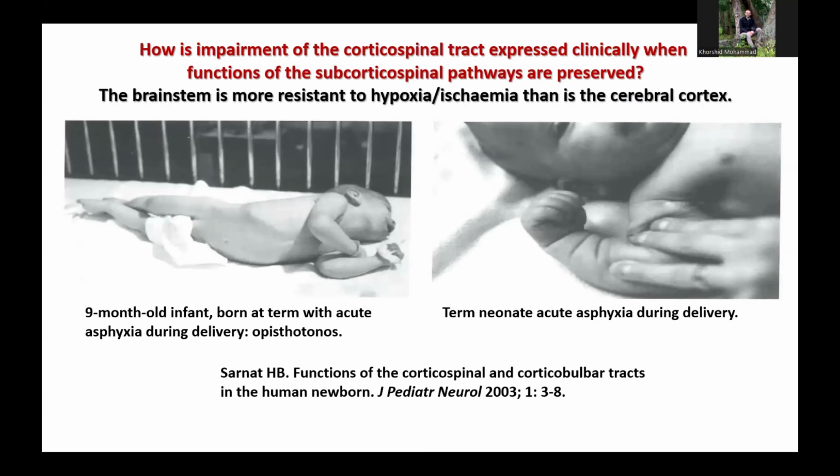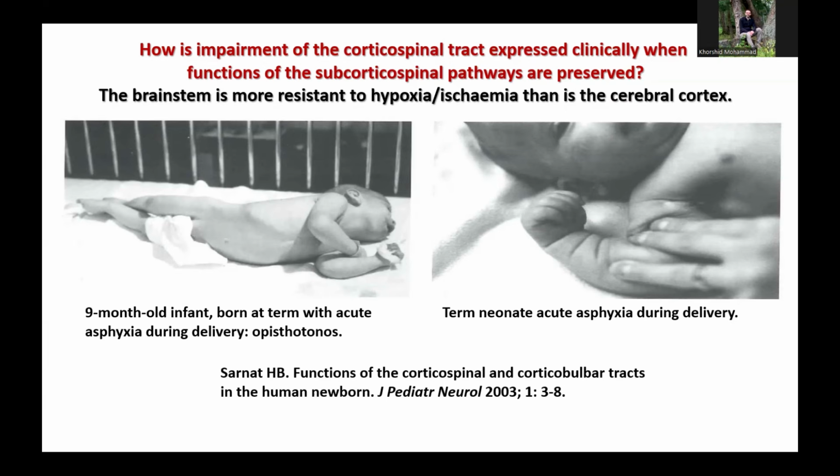So here we see on the left an infant 9 months of age who was born at term with acute asphyxia during delivery and is in a position that is called opisthotonus. And opisthotonus is strong extension of the vertebral column, as you see here with arching of the back and of the head.